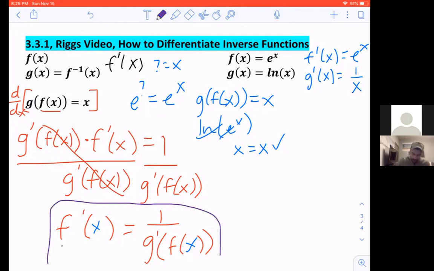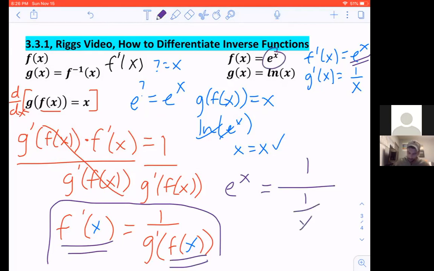We know that f prime of x is e to the x. And so we're wondering, if I plug in all that I know, does this actually evaluate to be e to the x? Well, the derivative of g of x is 1 over x, and it looks like I'm inputting the function e to the x. So instead of writing 1 over x, which would be the derivative of g of x, natural log of x, let me actually put in that input e to the x.